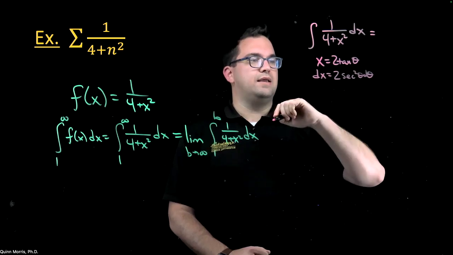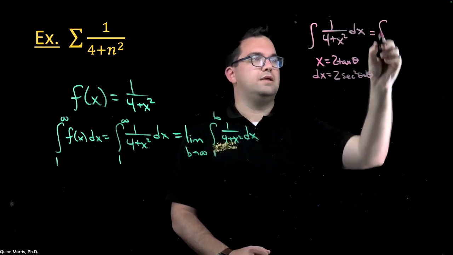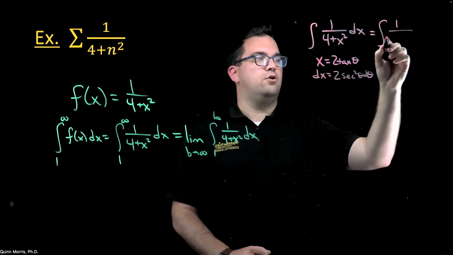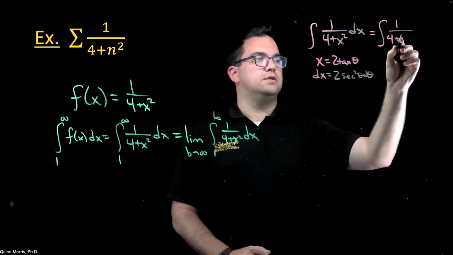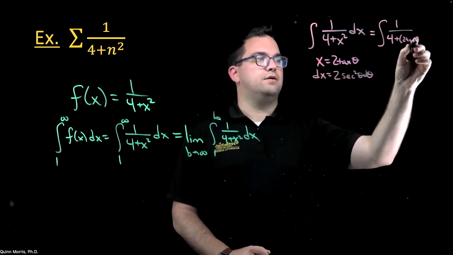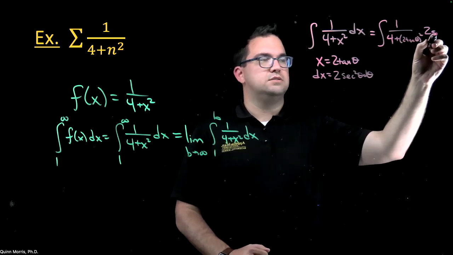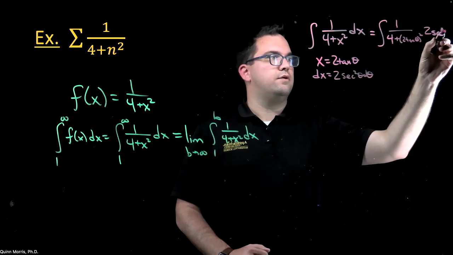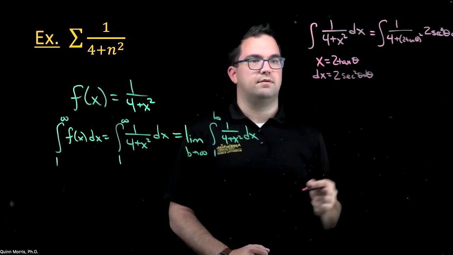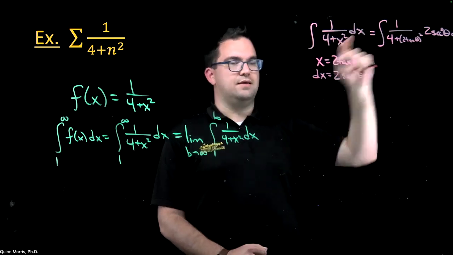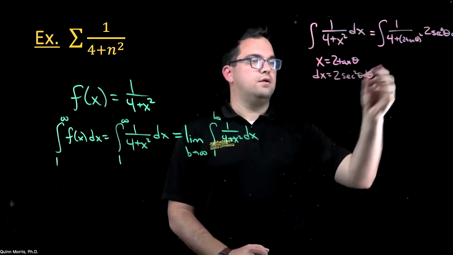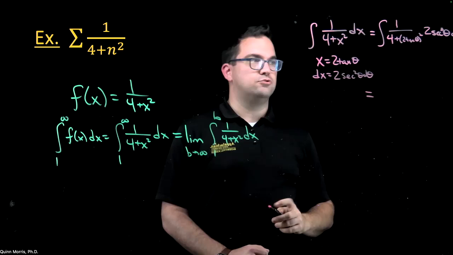After making that substitution, I'll end up with the integral of 1 over 4 plus 2 tangent theta squared times 2 secant squared theta d theta. I think my d theta ran off the edge there. I'm going to skip writing out a little bit of the algebra.